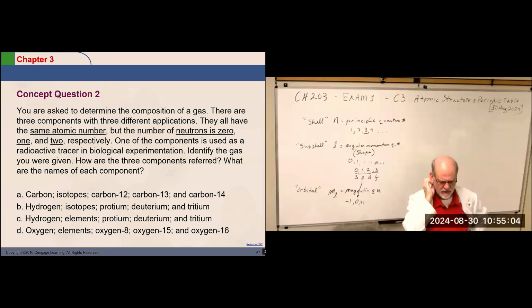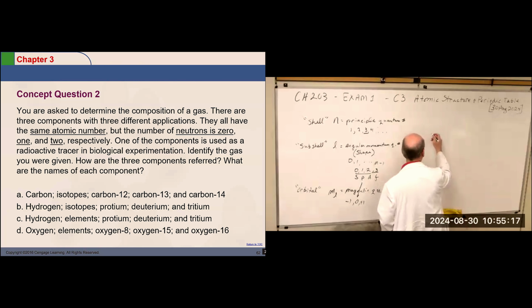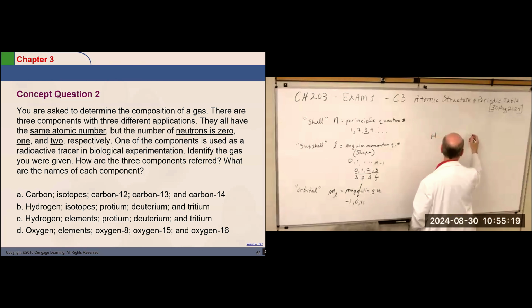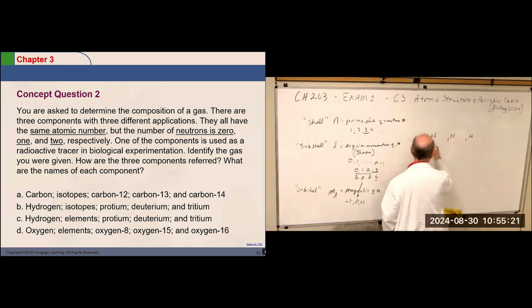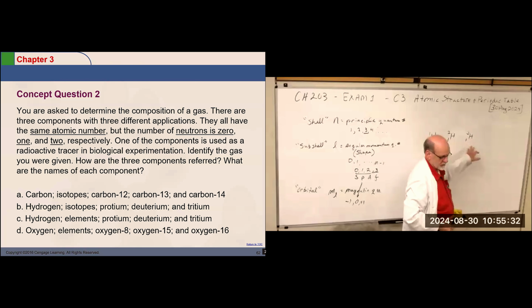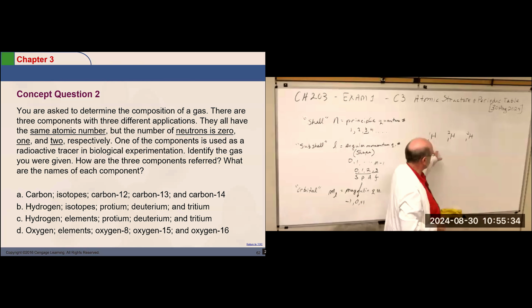If they have the same atomic number and there's 0 neutrons, that has to be hydrogen. That's the only one that works, right? You have 3 isotopes of hydrogen. This is 1 because there are no neutrons. This is 2 with 1 neutron. And this is 3 with 2 neutrons. This is deuterium, that's tritium. And I think this is called protium.